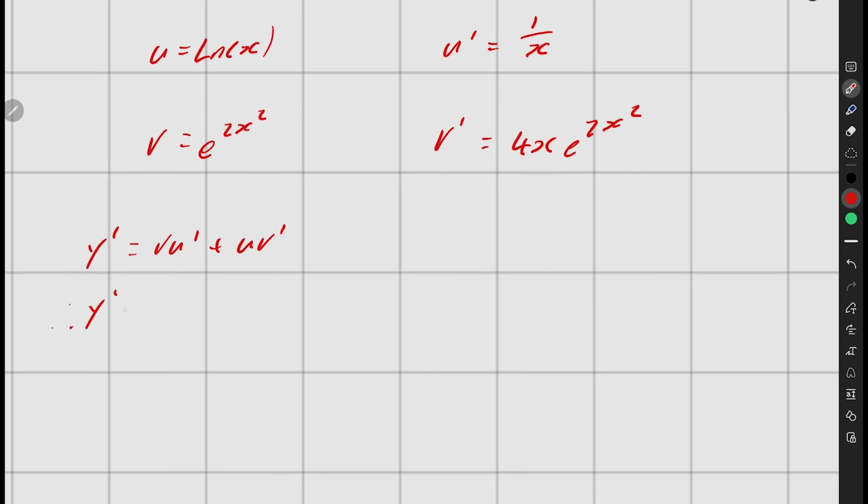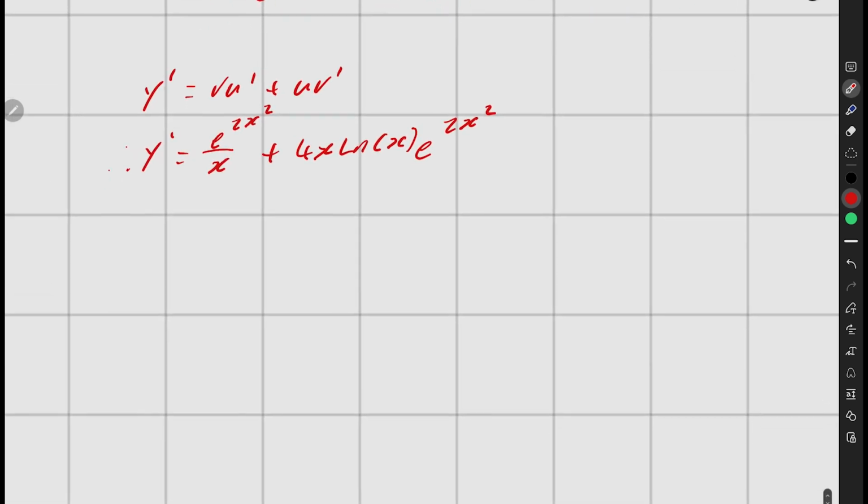Okay, therefore our derivative is going to be equal to e times 1 over x, that's going to be e to the 2x squared over x, plus 4x times ln of x times e to the 2x squared.